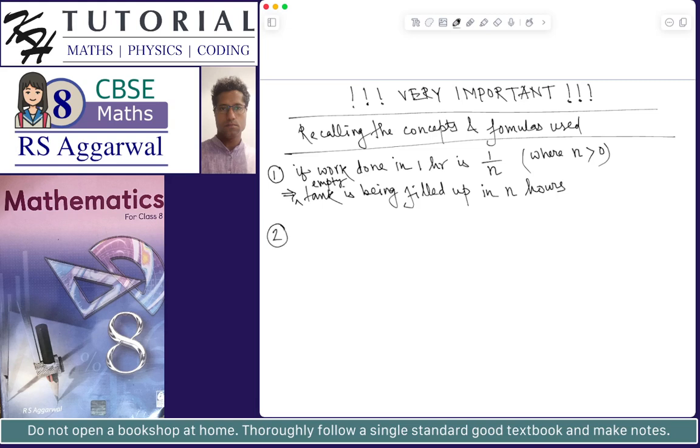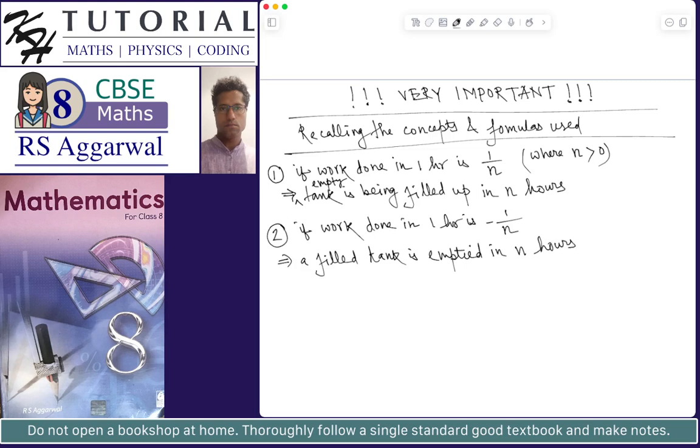Okay. The next concept is that similarly, if the work done in 1 hour is negative 1 by n, where n is positive, this means that a filled tank is completely emptied in n hours.